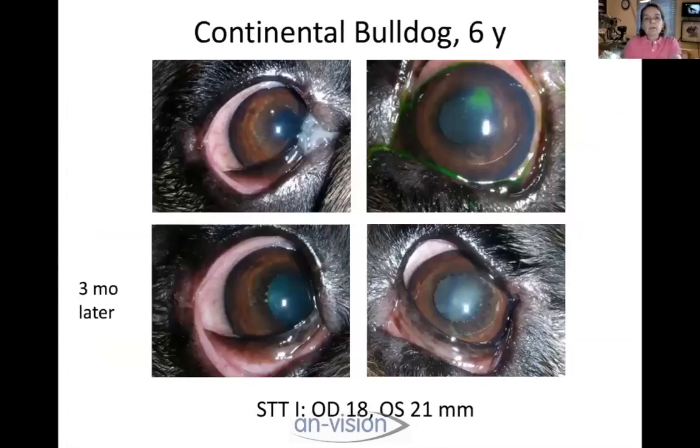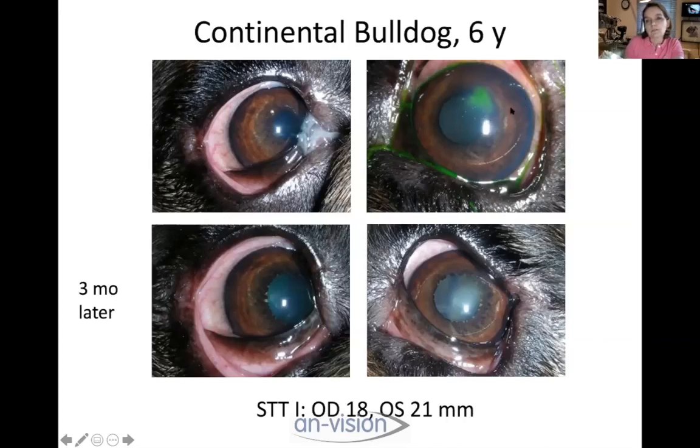So then we have a Continental bulldog who had non-healing ulcerations, and he probably also had tear film problems to start with. And you can see, this is just a side note, along with the ulceration, he had uveitis symptoms.